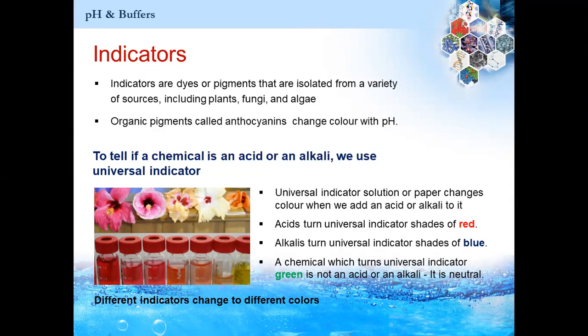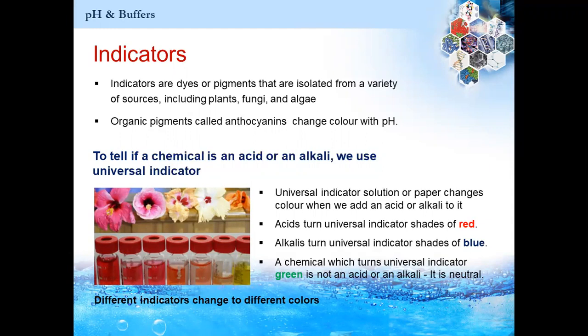So to tell if a chemical is an acid or an alkali, we use a solution called universal indicator. This universal indicator solution changes its color when we add an acid or an alkali to it. When an acid is added, it turns the universal indicator to shades of red. When alkali is added, the universal indicator shows shades of blue.